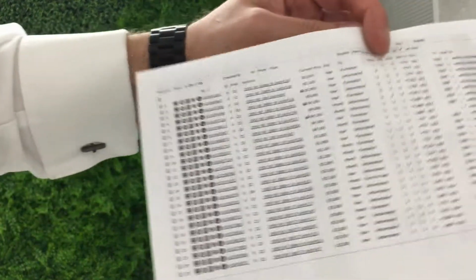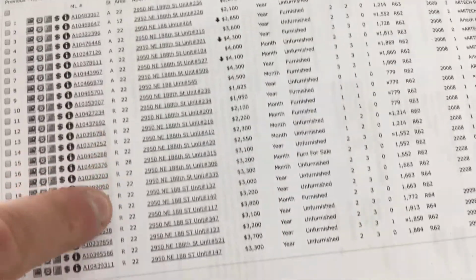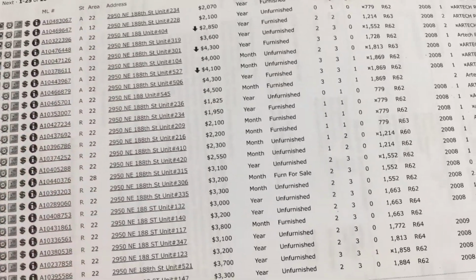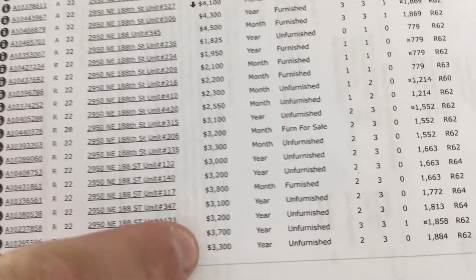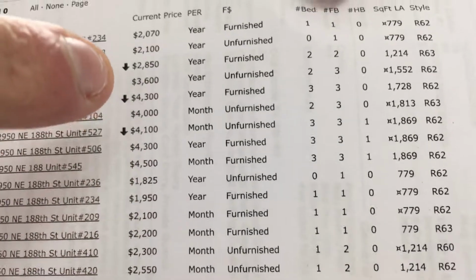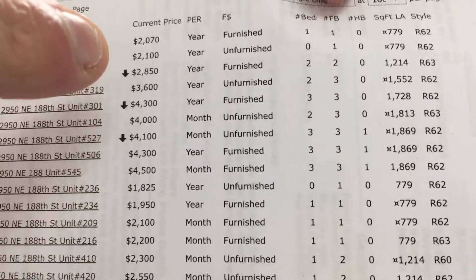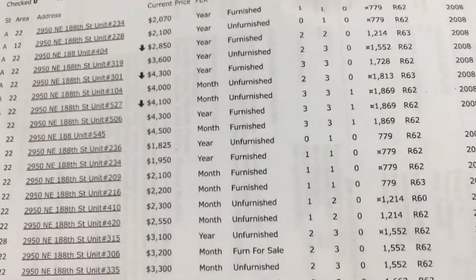I'll zoom in, and you could see all the units that are active and all the units that are rented. As you see, all of them are for the same exact address. The highest one that has rented in the last 6 months is this one right here for $3,700. And some of the active ones here are going between $2,000 and right about $4,100.